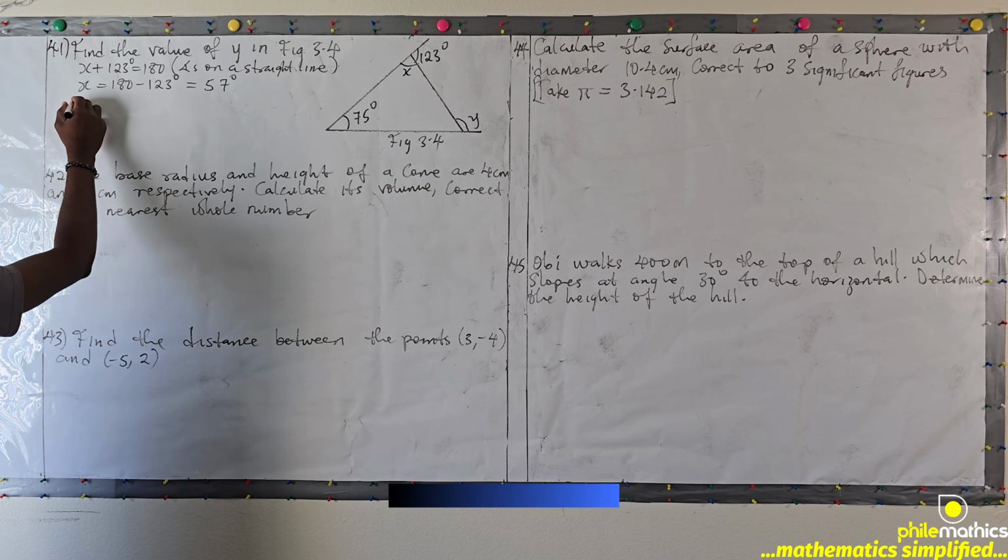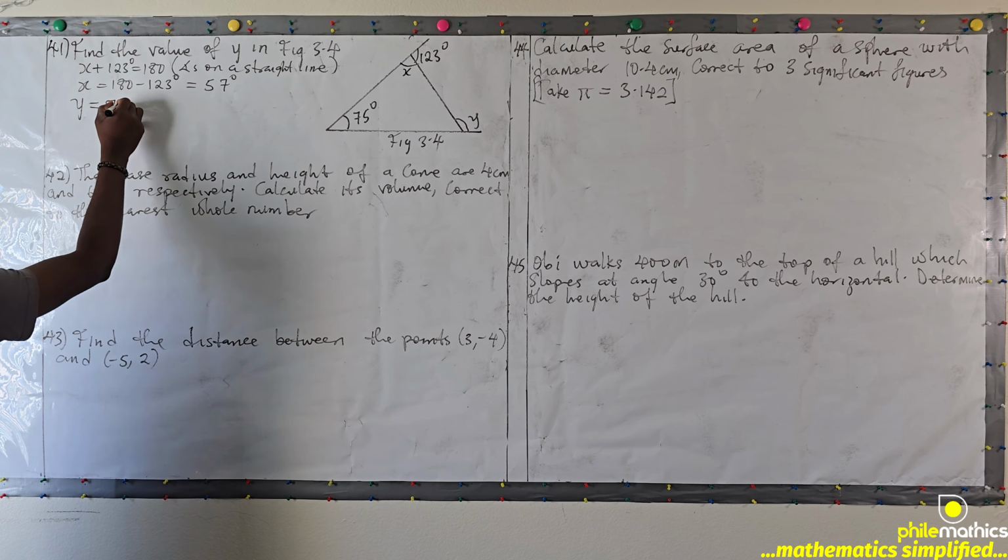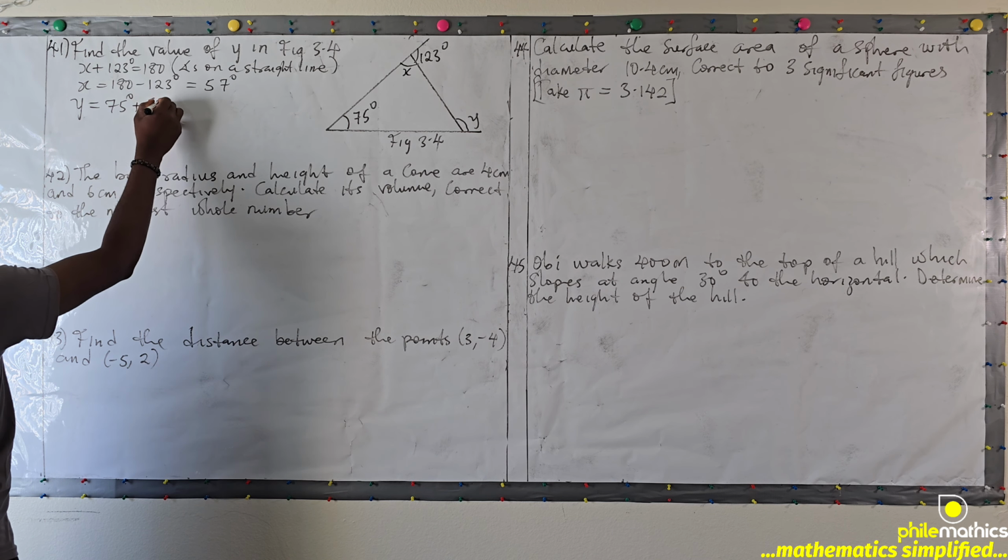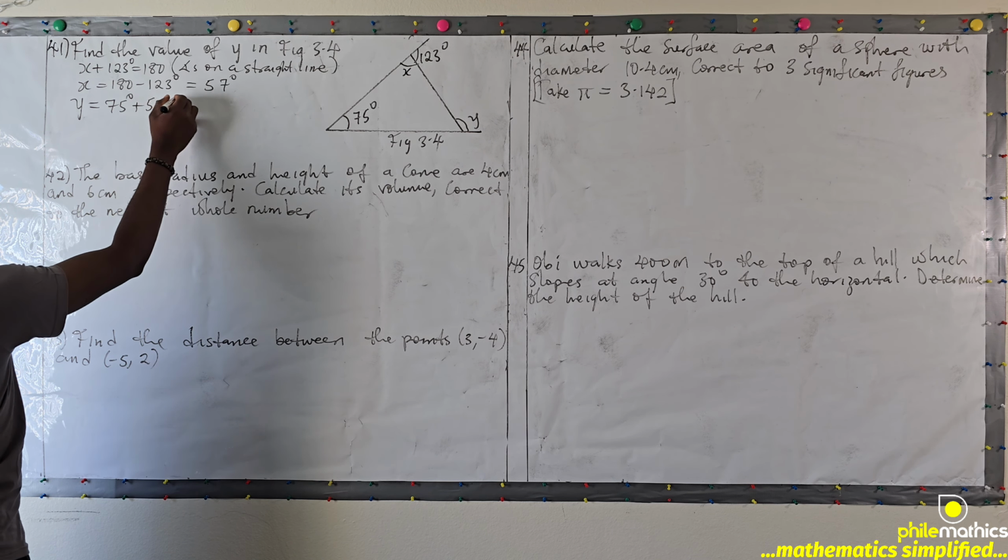And our y is simply 75 degrees plus 57 degrees. The reason is exterior angle of a triangle is the sum of the two opposite interior angles. Let me just write it down.